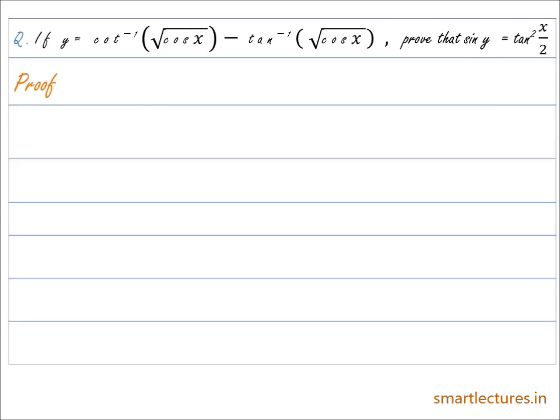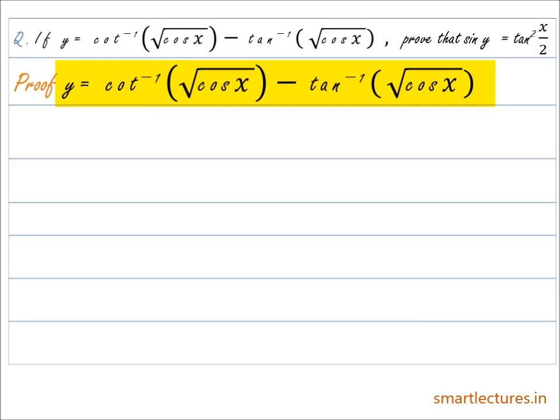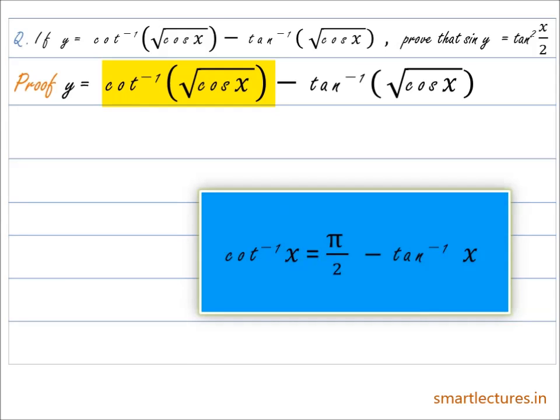Here you can see y is equal to cot inverse square root of cos x minus tan inverse square root of cos x. You also know it very well that cot inverse x is equal to half pi minus tan inverse x. So that means in place of cot inverse square root of cos x, we can also write half pi minus tan inverse square root of cos x.